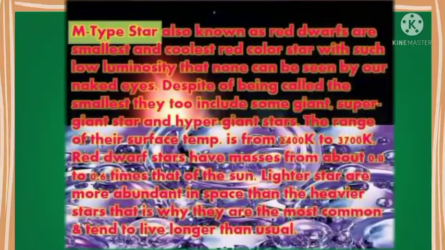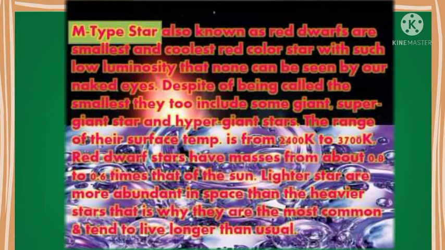M-type stars, also known as red dwarfs, are the smallest and coolest red color stars, with such low luminosity that none can be seen by our naked eyes. Despite being called the smallest, they too include some giant, supergiant and hypergiant stars.